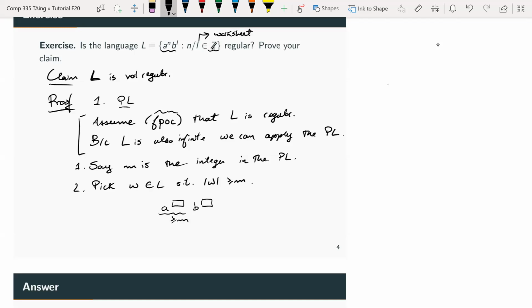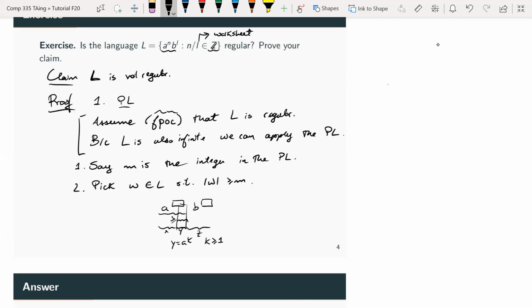Then I'm going to be able to decompose x, y, z. I'm going to know that my y is going to be only a's. I'm just giving you the intuition here. So my y is going to be a^k, for k at least 1.